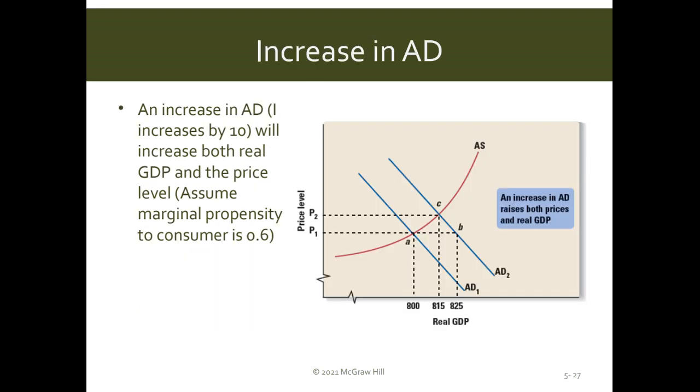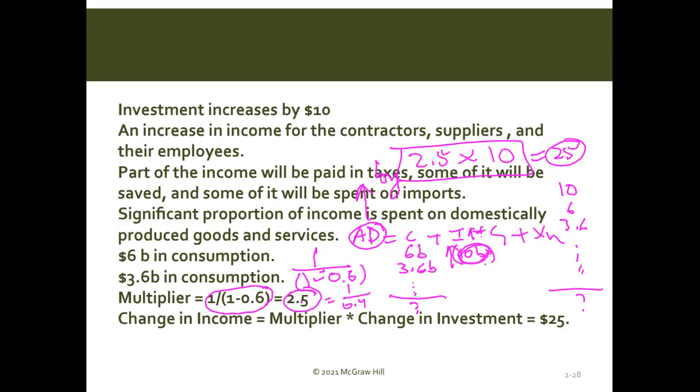So see, I increase investment by $10 billion. The aggregate demand shifts to the right by $25 billion, that is 10 times 2.5. And I have calculated this 2.5 based on the assumption that MPC equal to 0.6. So change in income, that is aggregate demand, will be multiplier times change in investment, that is $25 billion.